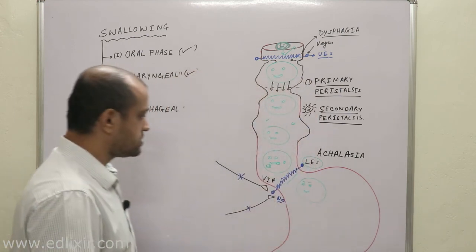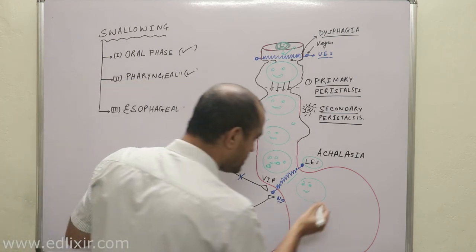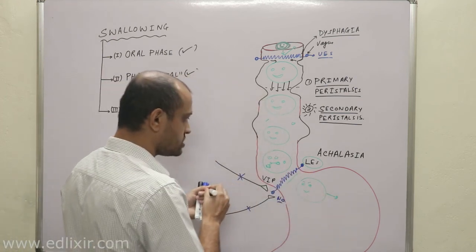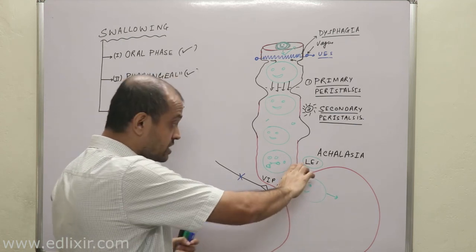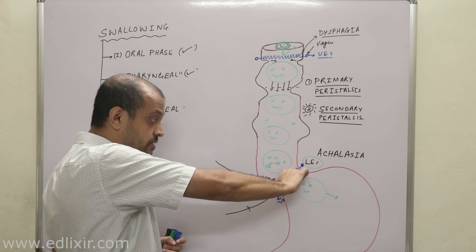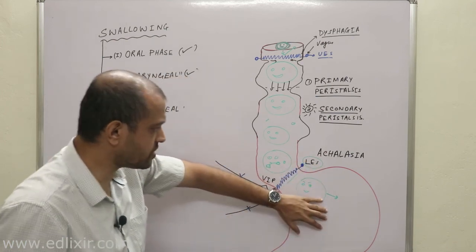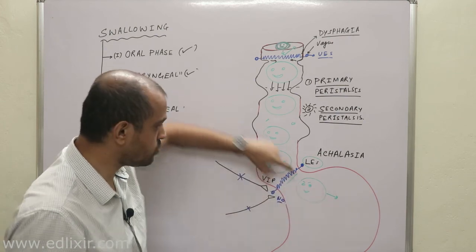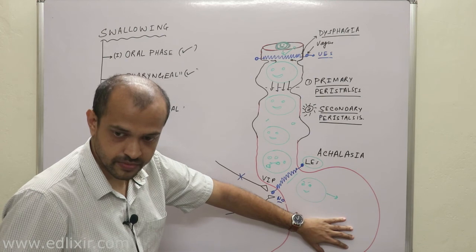Now, in some persons, whenever food enters the stomach, the lower esophageal sphincter should contract, right? So that this valve closes and the food contents which have entered the stomach do not go back to the esophagus, right? Because it is churned up in acid, right?